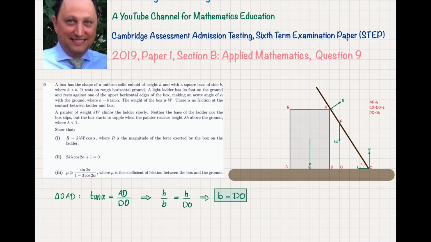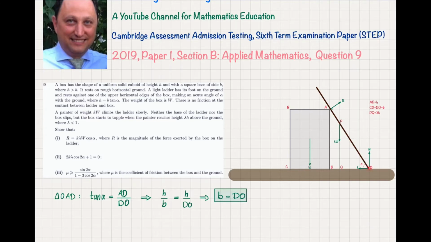So the point that I will choose for the rotation is actually the point O. Because if I choose this point O, then I don't need to know the magnitudes of this force N and the force F, which I don't know at this stage at least. Why is this a good choice?